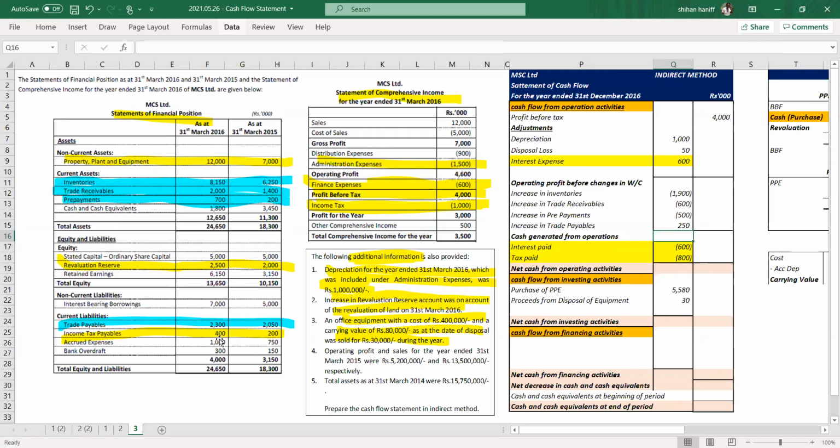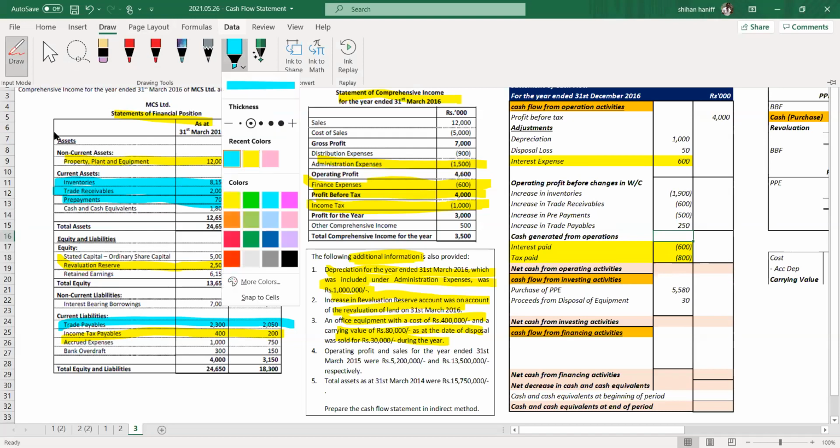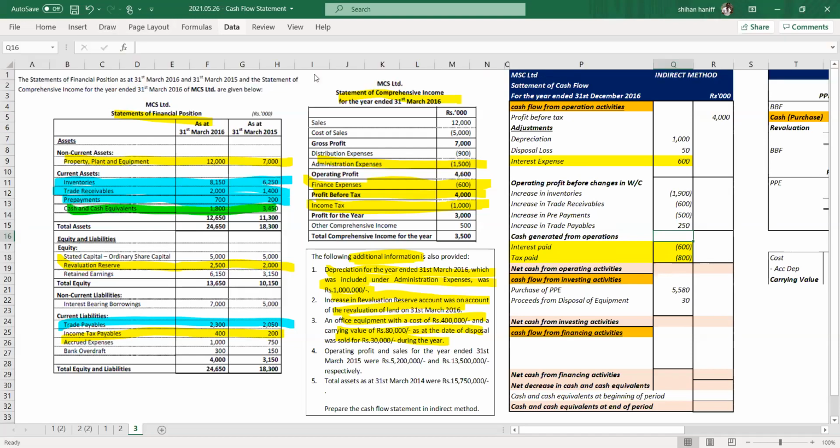Now let's do the remaining balances in the SFP. Non-current assets. Cash and cash equivalent will be taken as opening and closing balance. Then accrued expense also.